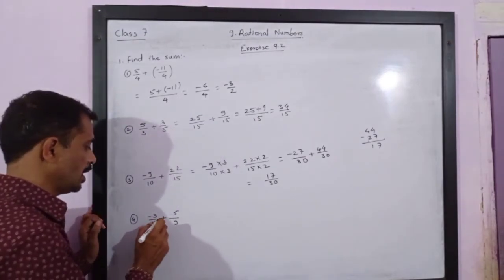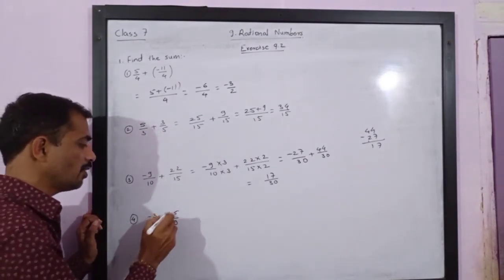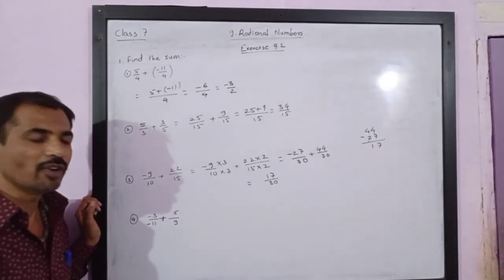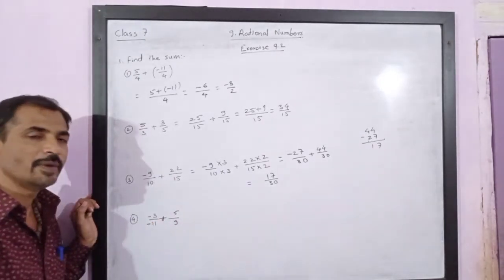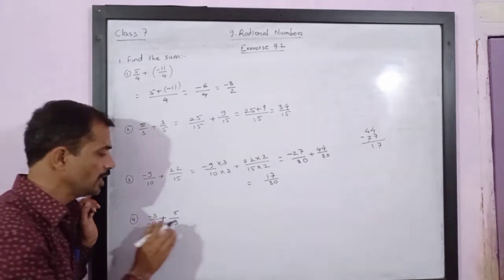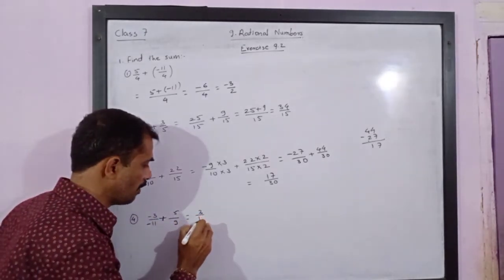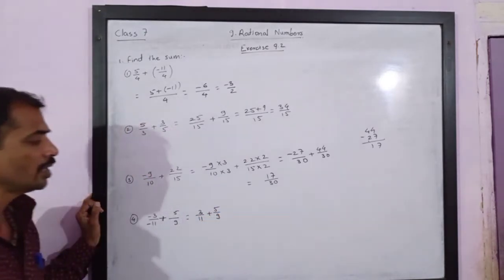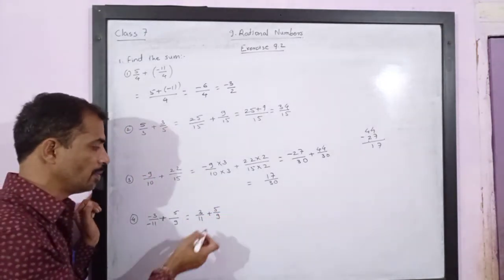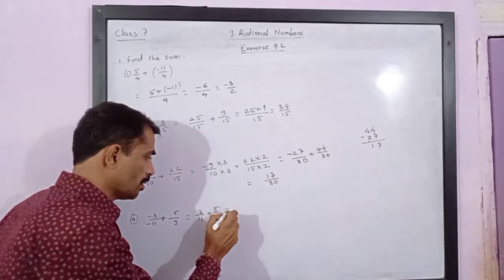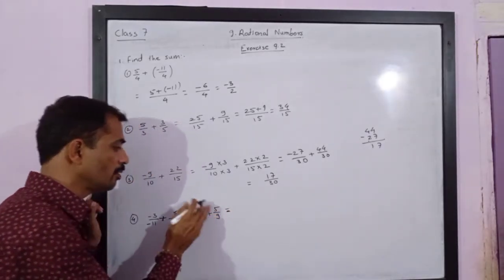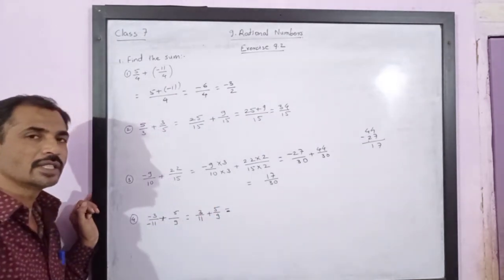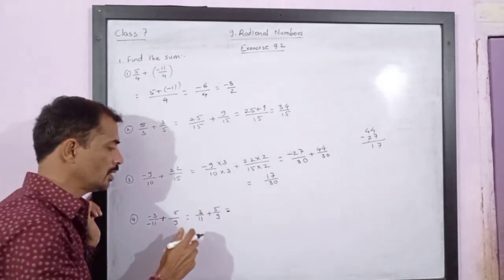Next is negative 3 upon 11 plus 5 upon 9. Now negative 3 upon 11, if it is to be written in standard form, multiply numerator and denominator by minus 1. We will get this as 3 upon 11 plus 5 upon 9. Now both are co-prime numbers, so multiply the first fraction by the denominator of the second fraction and the second rational number by the denominator of the first rational number.